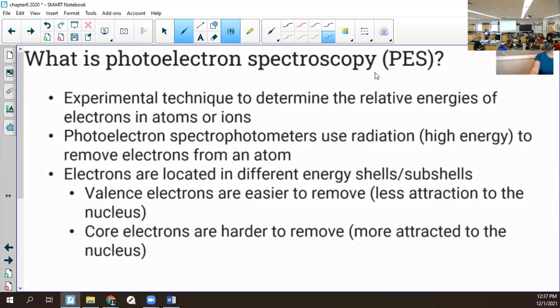So valence electrons are easy to remove because they're on the outside. They have less attraction to the nucleus. And then core electrons are harder to remove because they're more attracted to the nucleus. All right, just in a nutshell, maybe someone's drawing, so I'll just put it here. So you have your nucleus, and then I'll just say all the core electrons are here.